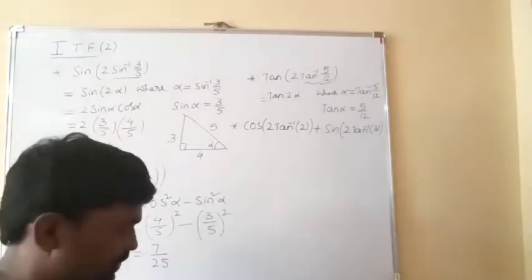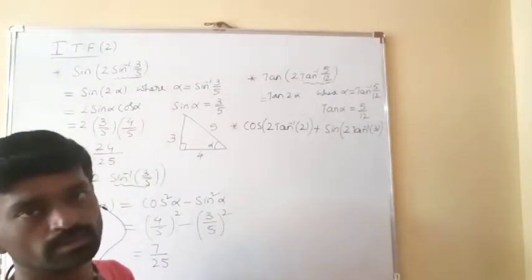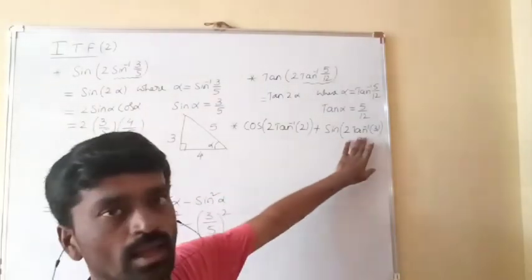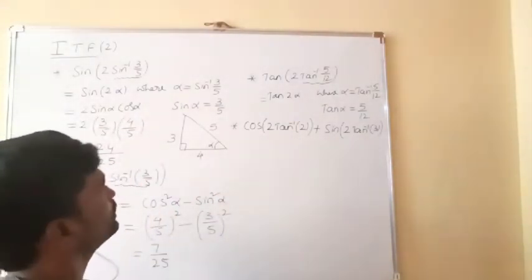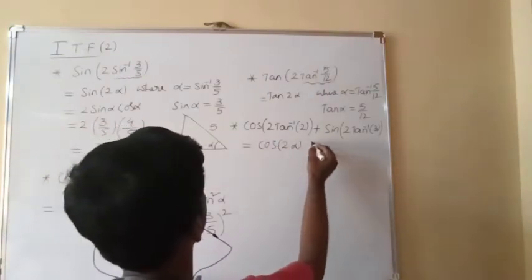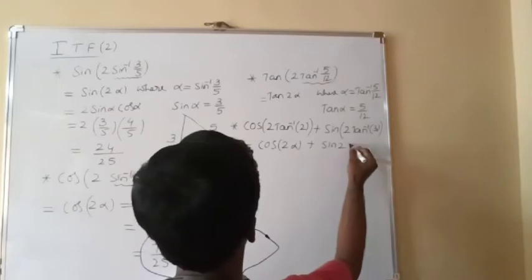Here tan inverse 2 and tan inverse 3 are two different angles. Correct? If you take this as alpha, you have to take the other angle as beta. Then we have to calculate cos of 2 alpha plus sine of 2 beta.